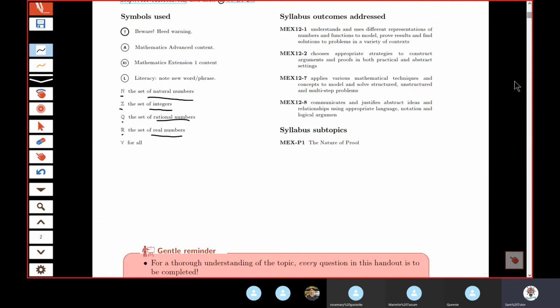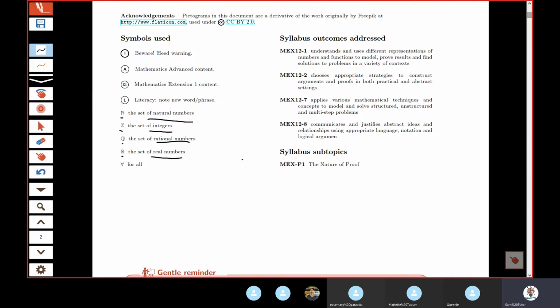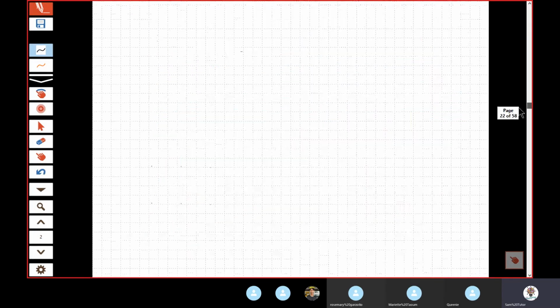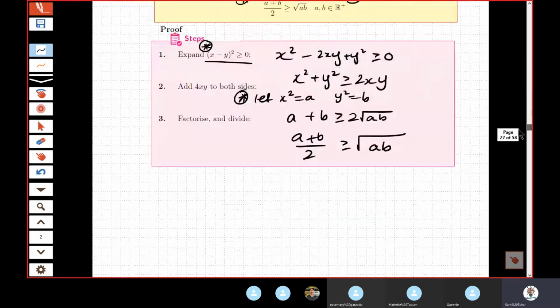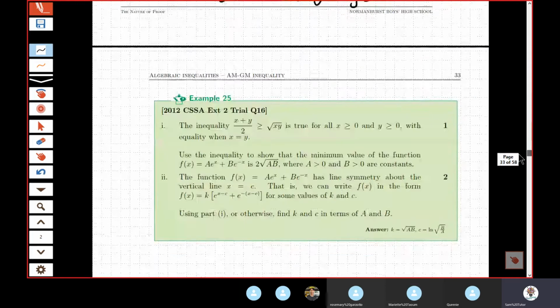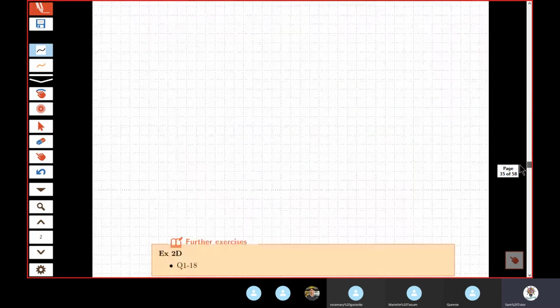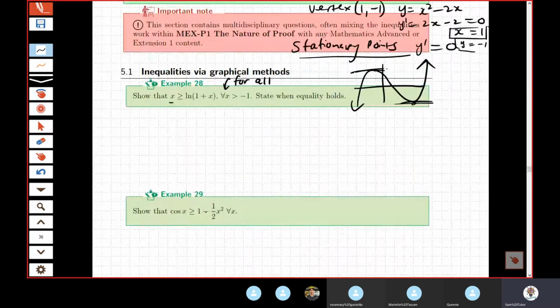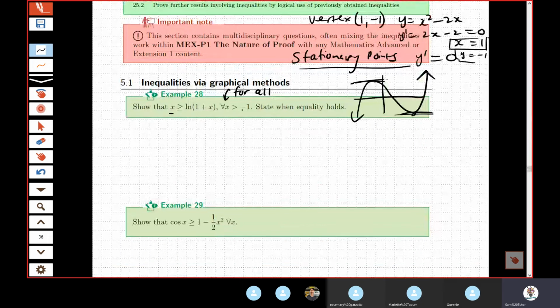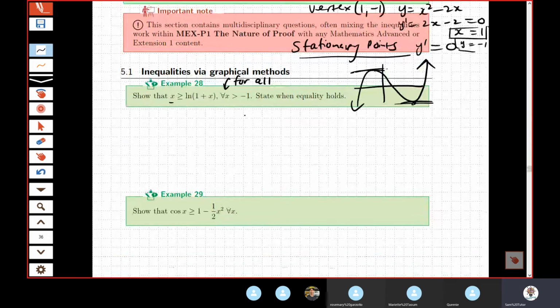There it is. They're all there. That one means for all. If you ever see an upside down A, it just means for all. Back to it, which just means for all x greater than -1.